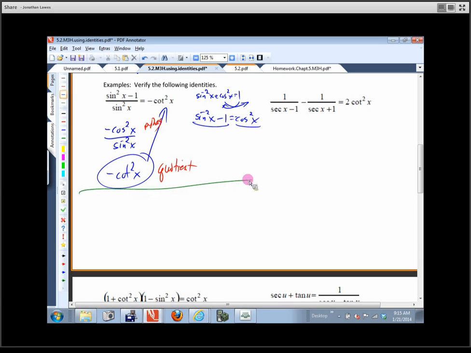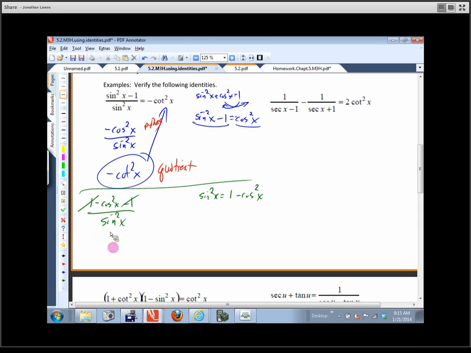That is a perfectly good way of doing it, but if you were given this on a test, and let's say you got your test back, you and your neighbor both got it right, but your neighbor did this. They thought of the Pythagorean identity this way, and then wherever there's a sine squared, they wrote 1 minus cosine squared x, minus 1, over sine squared x. 1 minus 1 is 0.